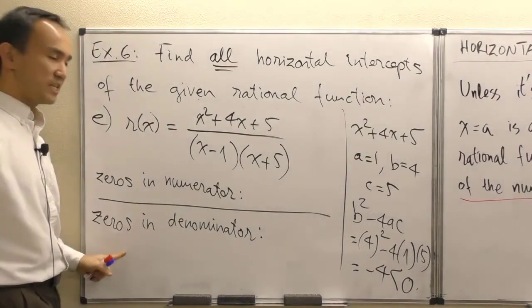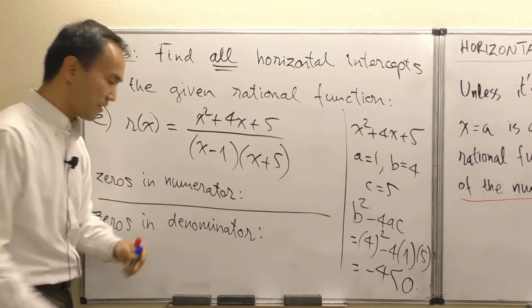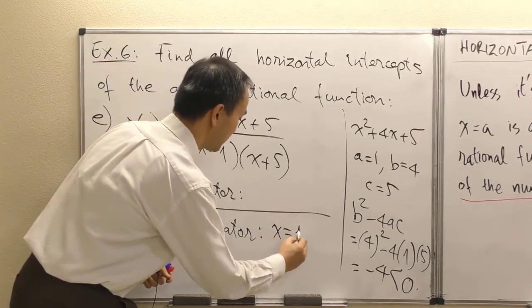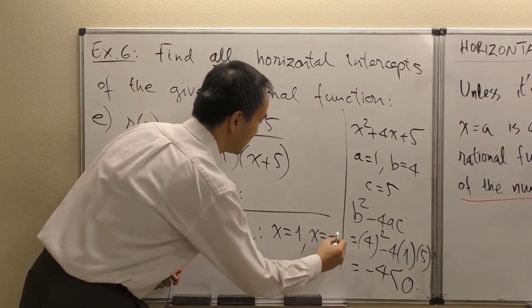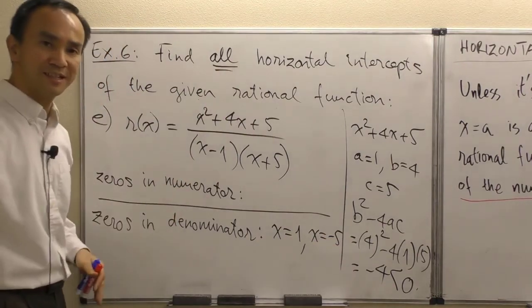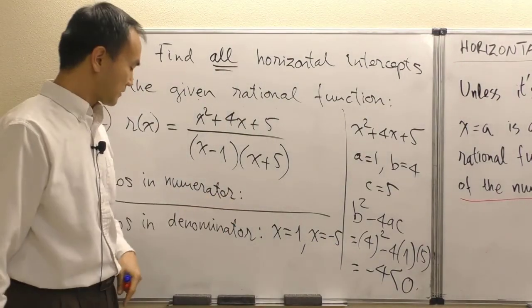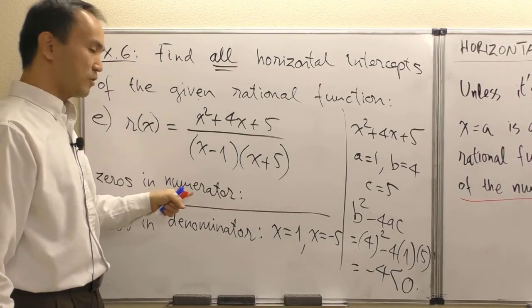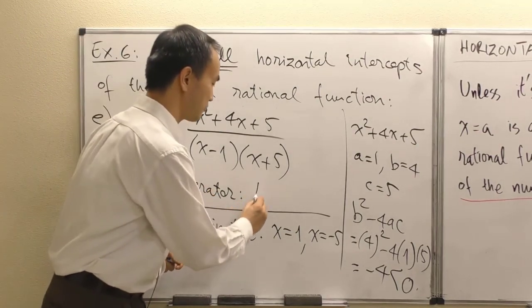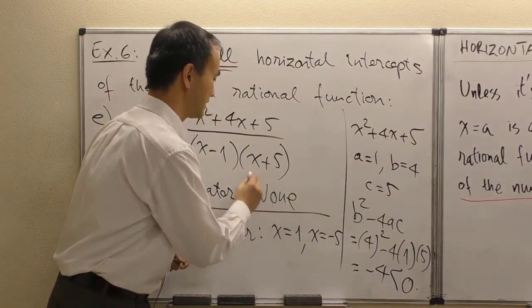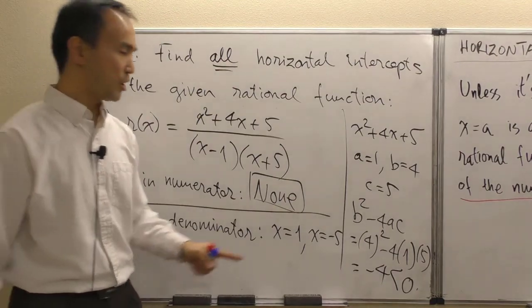It's easy to see that the denominator has 2 zeros. One of them is at x equals 1, the other one is at x equals negative 5. So clear and so direct. But as far as the zeros in the numerator, again I'm saying none.